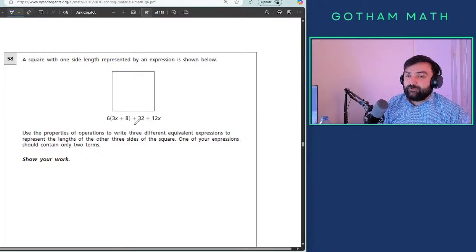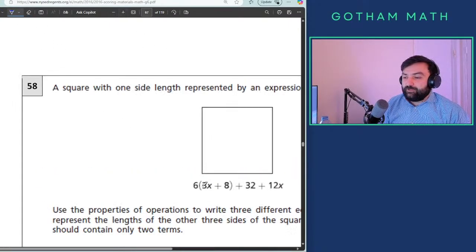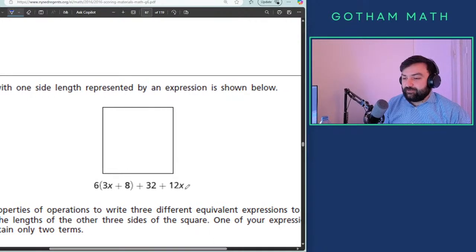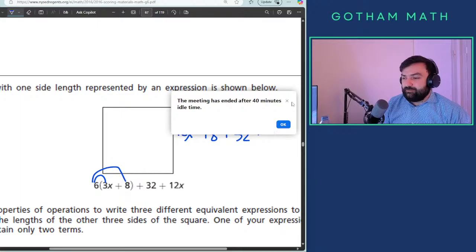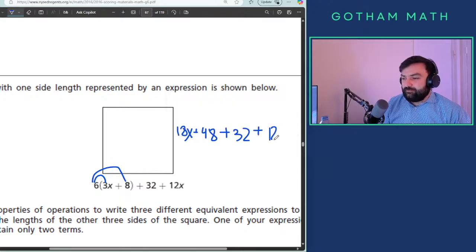Maybe we can first use the distributive property and just write it down. Let's say this side will be 18x plus 48 plus 32 plus 12. This side we can do by combining some like terms, not all of them.